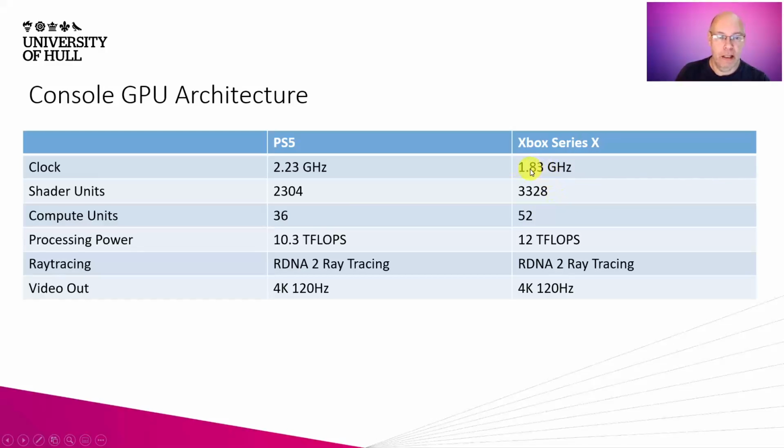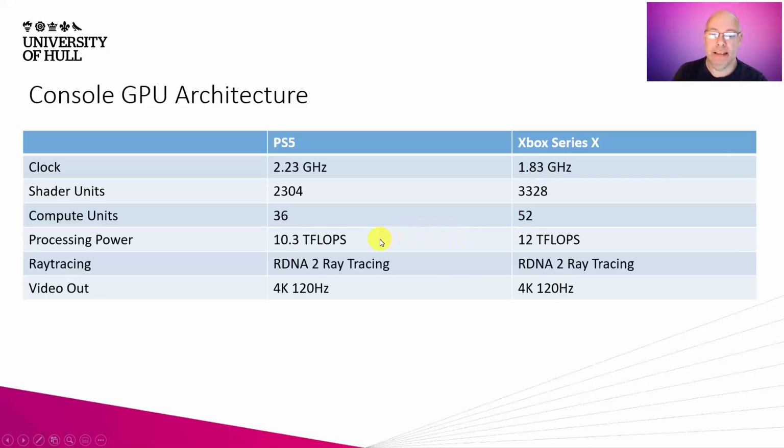Each of these might be running lower overall clock, but we've got more of them on the Xbox Series X. And in fact, if you look at all of these together, this processing power, these teraflops, are a measure of how much work a GPU can do each second. So you can see that the Xbox Series X wins slightly over the PlayStation 5 on paper.